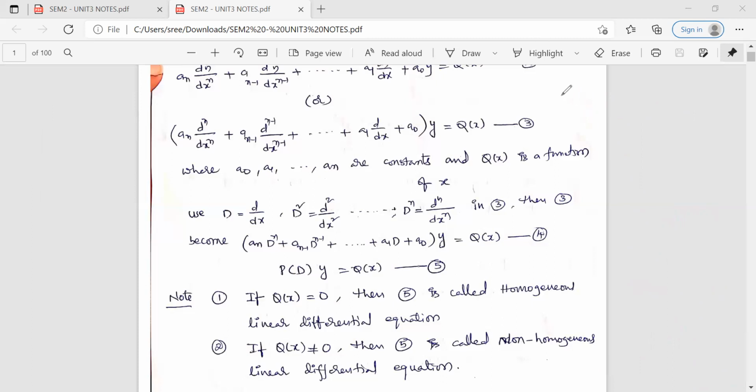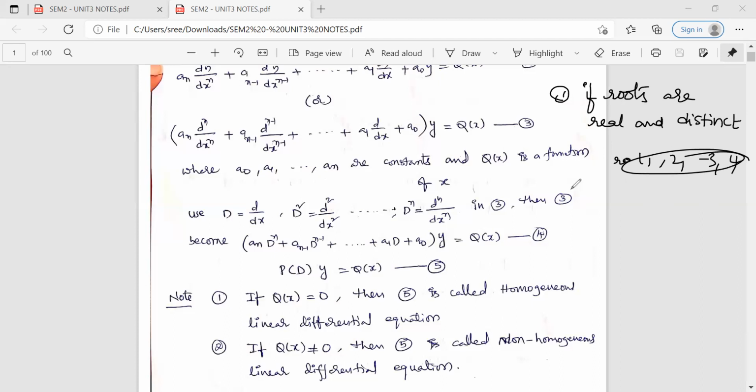See, what are the conditions? First, if roots are real and distinct, that means roots like 1, 2, minus 3, 4, real but distinct. If the roots are m1, m2, m3, we write YC equals C1 e power m1x, next C2 e power m2x.